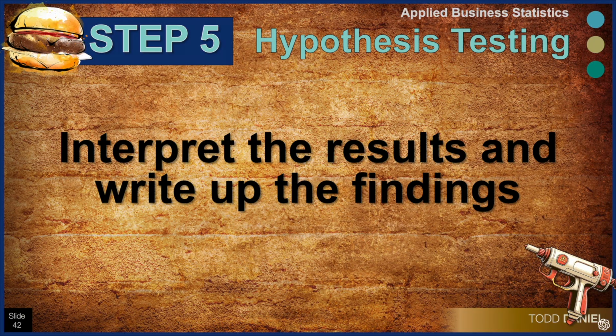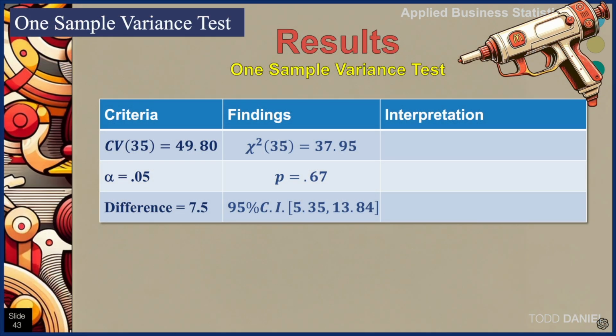Step 5, interpret the results and write up the findings. Our critical value is 49, but the value that we calculated for our chi-square was 37. It did not get over the fence. The probability is 0.67, which is greater than 0.05.